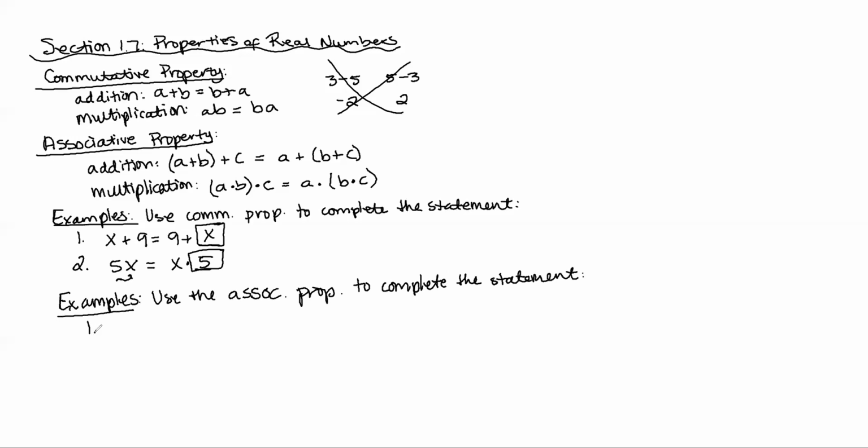Number 1, we're given -5 plus parentheses 2 plus 8 equals parentheses blank plus 8. This one is realizing that we can take these parentheses, because it's all addition, and move them over and group the -5 and the 2. So in the parentheses here, we're going to have -5 plus 2.